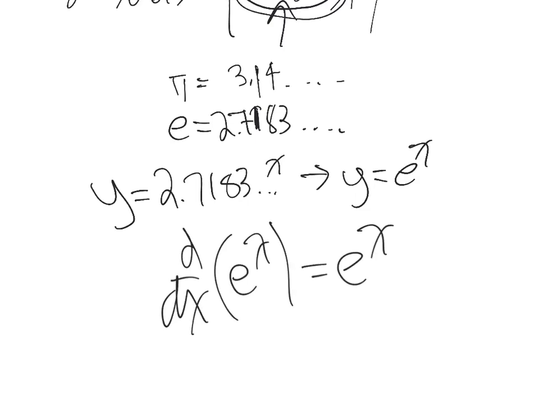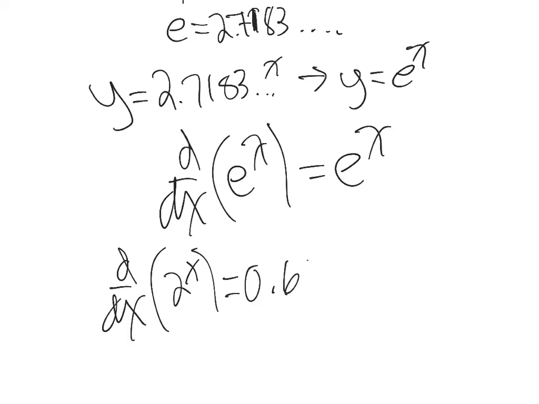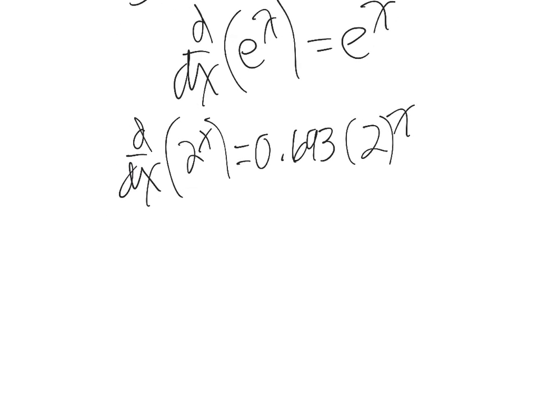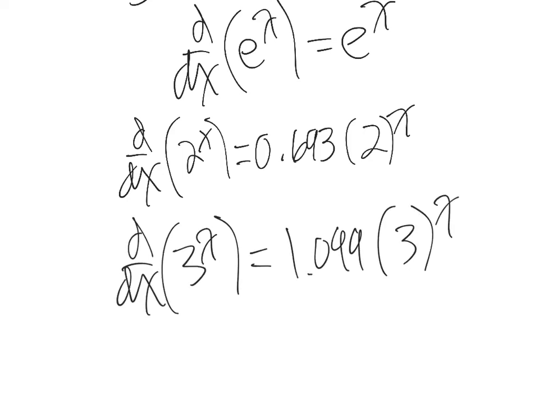So if I know there are 1,000 bacteria and the equation that governs growth is 2.7183 to the x, I know that the slope is also going to be 1,000. And we also found out here that d by dx of 2 to the x was 0.693 times 2 to the x, and that d by dx of 3 to the x was equal to 1.099 times 3 to the x.